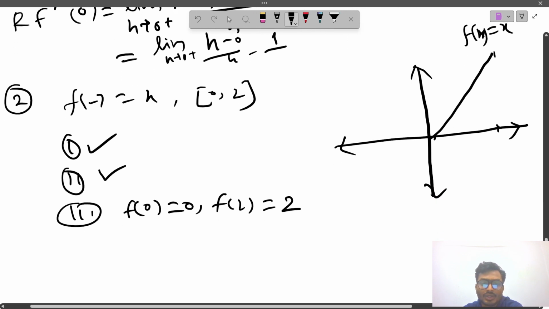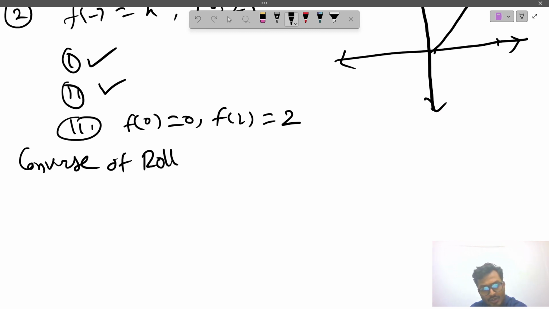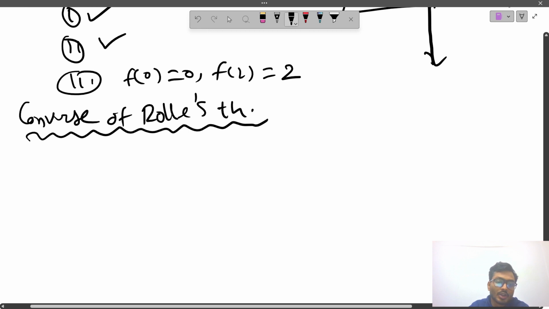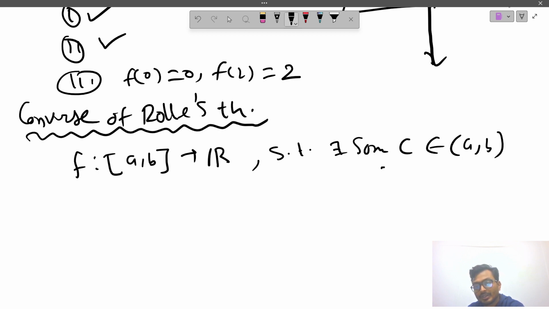Now one question may arise: is the converse of Rolle's theorem true? First of all, what is the converse of Rolle's theorem? Suppose f is a function from [a, b] to R, and there exists some c belonging to the open interval (a, b) such that f'(c) is 0. Then what will happen?